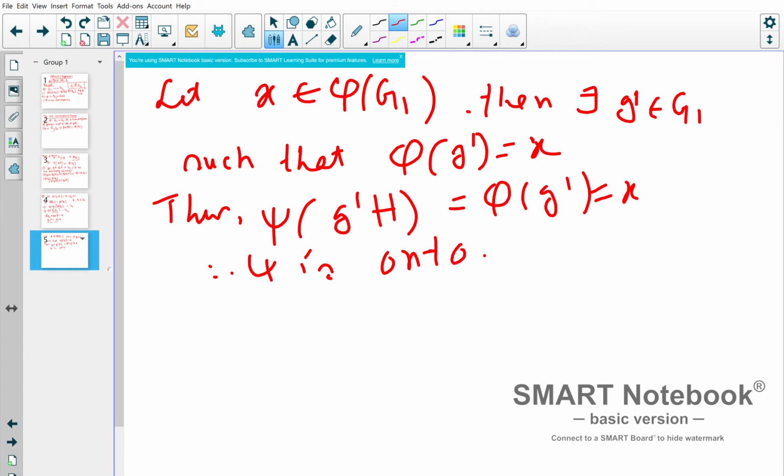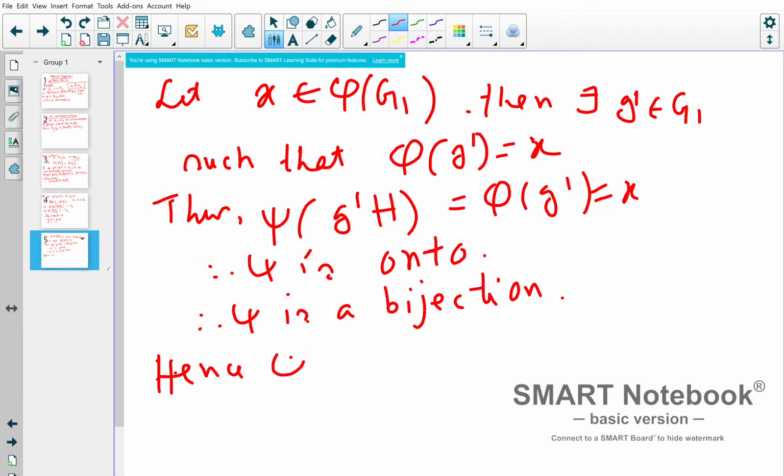So psi is both 1-1 and onto, and thus psi is a bijection, and hence psi is an isomorphism. It's an isomorphism.